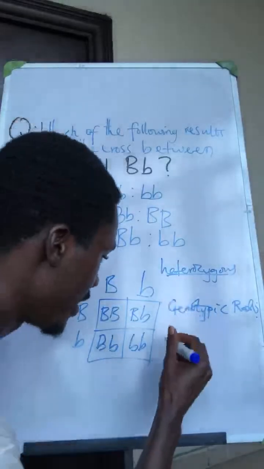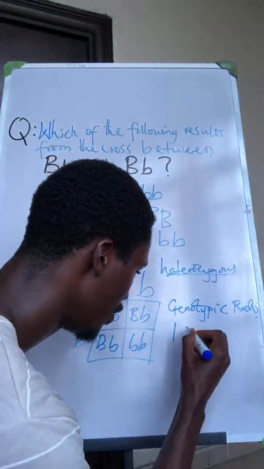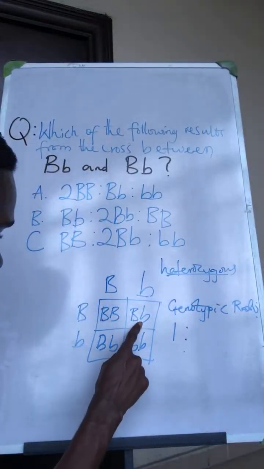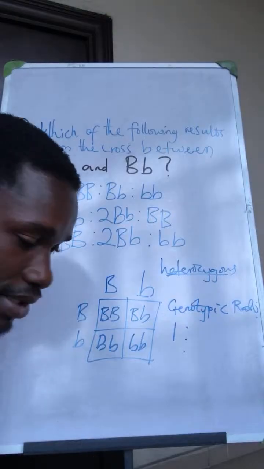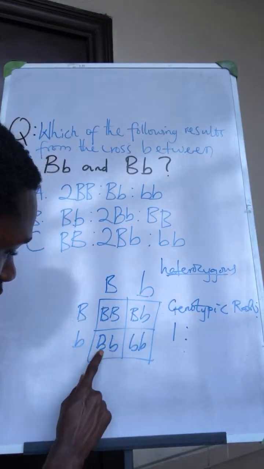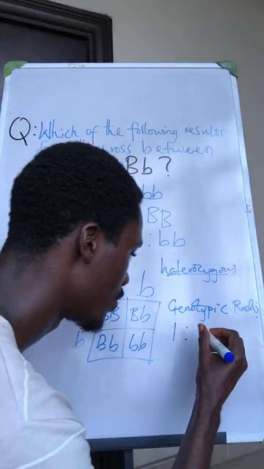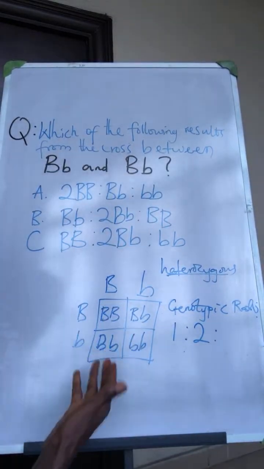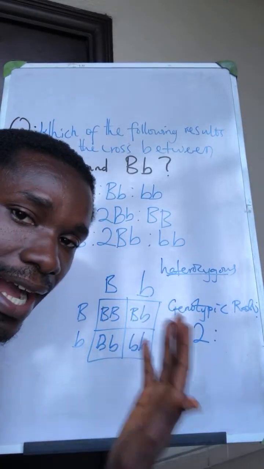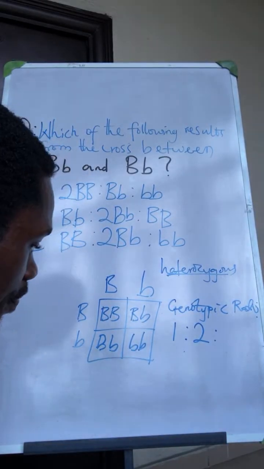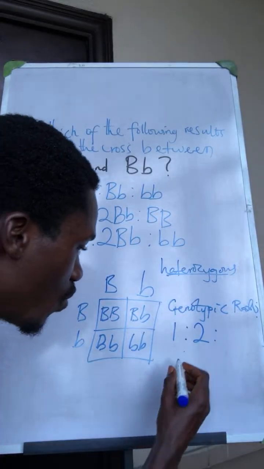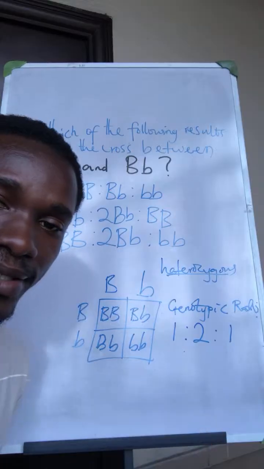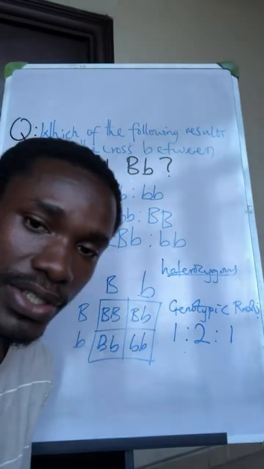So we say 1. Now we look again. The second one is big B, small b. How many big B, small b can we find? We have 1 and then the second. So we have 2. We look at it again. Any other one? Yes, small b, small b. How many do we have there? Just 1. So here we have 1:2:1. That is the ratio. The genotypic ratio is 1:2:1.